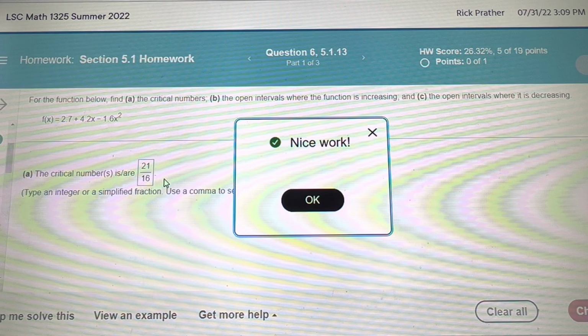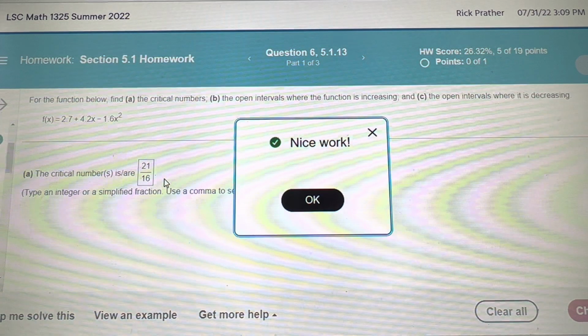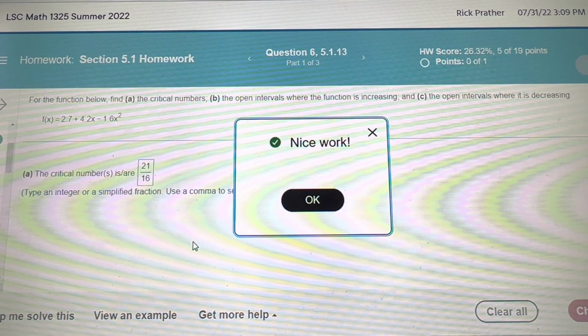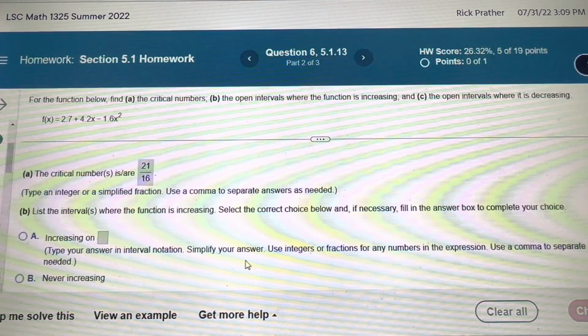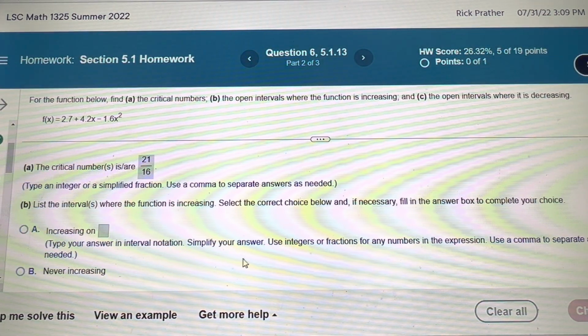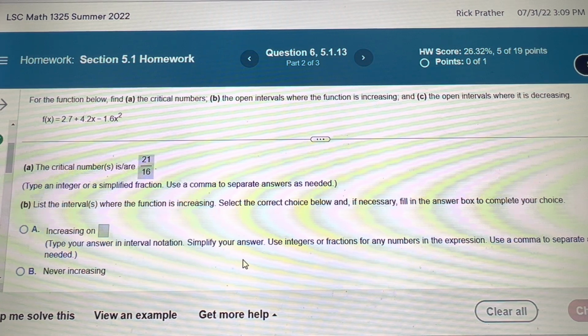So technically a critical number is anything that makes the derivative 0 or undefined, but often it just comes down to the 0 because a lot of the functions we get are never undefined. What would make them undefined is if there was a denominator that could equal 0 or a square root that could be negative. So most of the time it's just what makes the derivative 0, and it can be one number or multiple numbers, just depends how many times that can be set equal to 0.